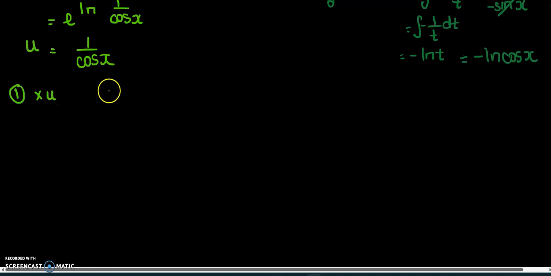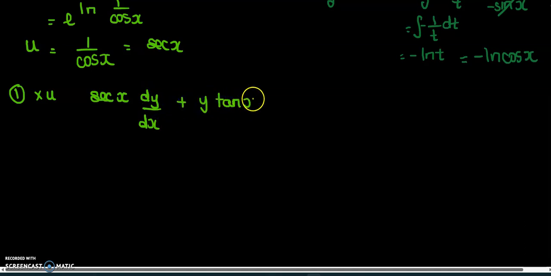Remember 1 over cos x is equal to sec x, so let's use that instead. So it's sec x by dy/dx plus y tan x sec x is equal to sec squared x. And let's label this equation 2.